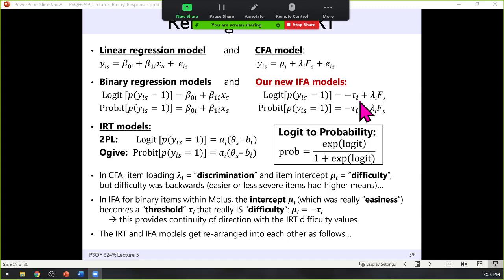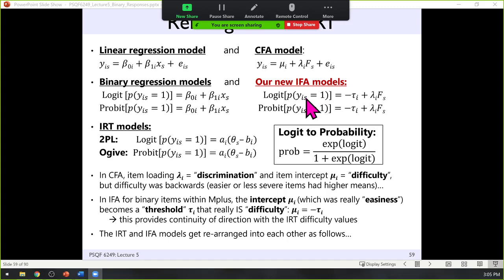This thing right here is the opposite of an intercept. It is a threshold because of the minus sign. So an intercept is the expected outcome when your predictor is 0. So when f is 0, the intercept gave you the predicted item response. What we're predicting right now is the probability of a 1. If I stick the minus sign on front here, it becomes the probability of 0 instead, because logits are symmetric.